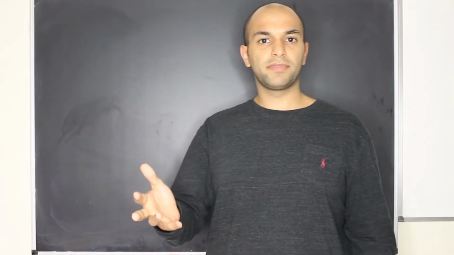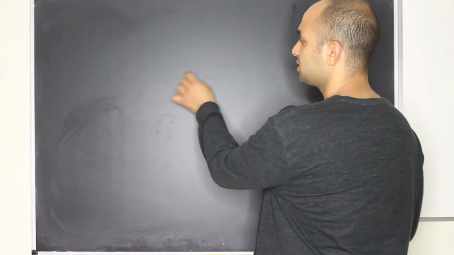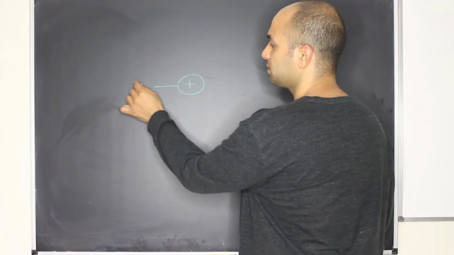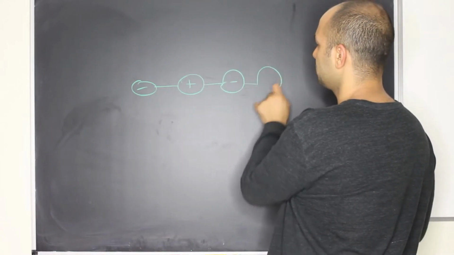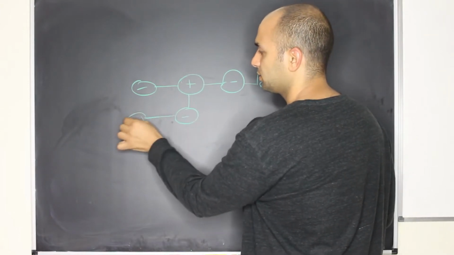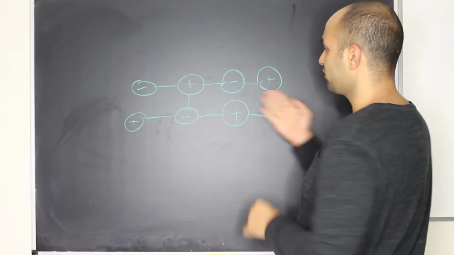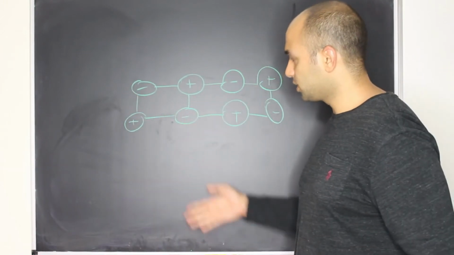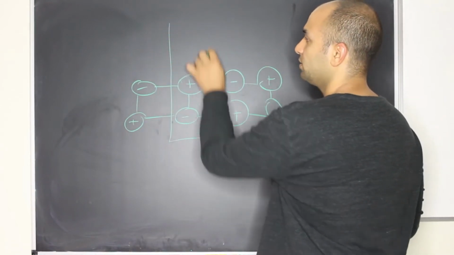If you have something like a salt crystal, which has positive and negative ions, so salt is something like that: minus, plus, and then here you have minus, plus, minus. So you have this kind of thing, and it goes all the way in 3 dimensions, this way, that way, and that way, and then you're basically removing this layer.